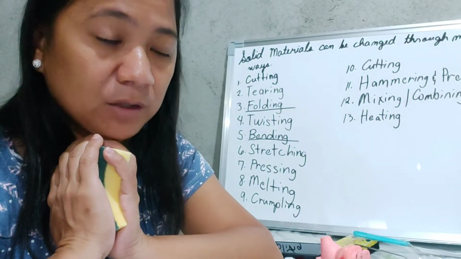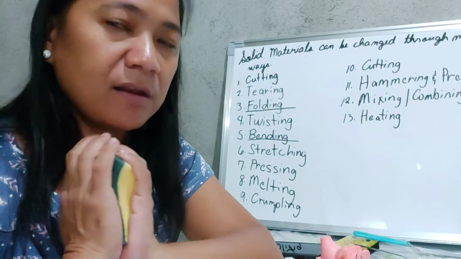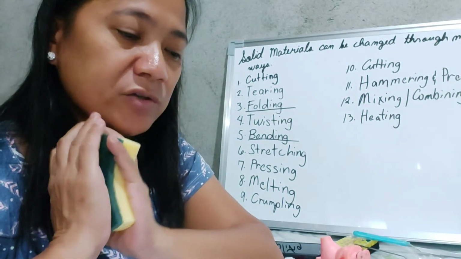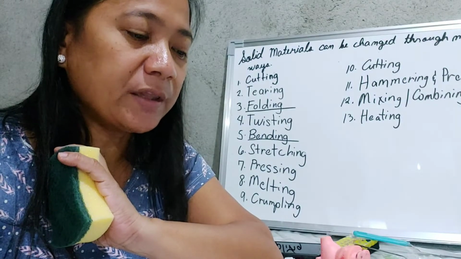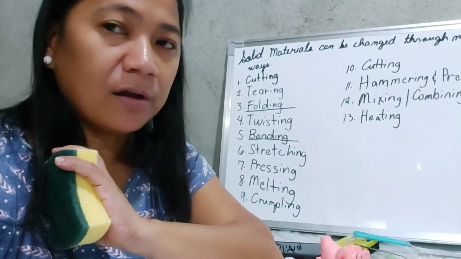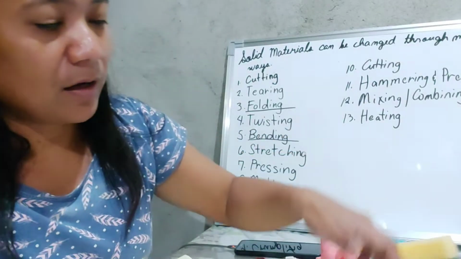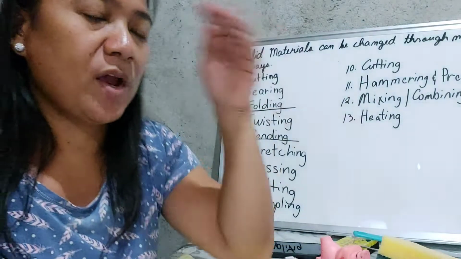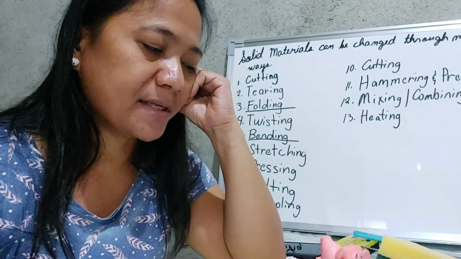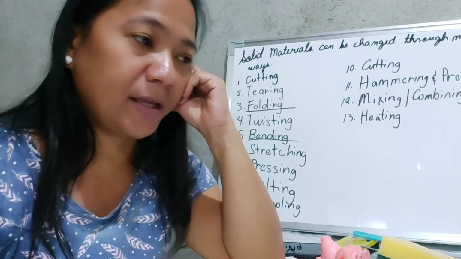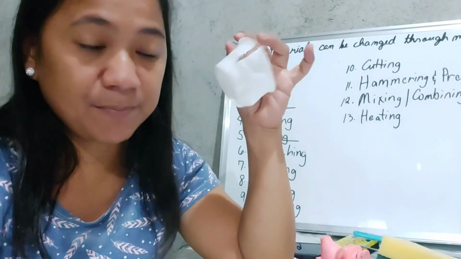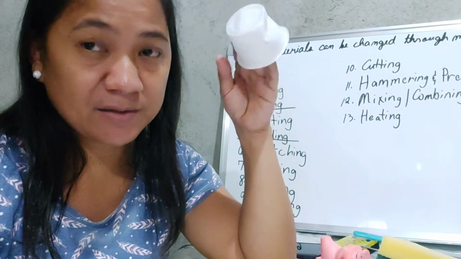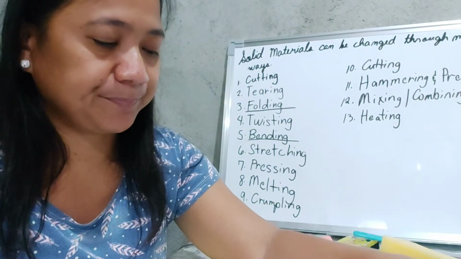So, if you have a clay at home, i-press po natin and then observe what will happen, and then your observation should be written on this side of your activity. We have banana, pandesal, paper cup, and a dough. So, kanina, hindi paper cup, but it is a plastic cup yung ginamit natin kanina.